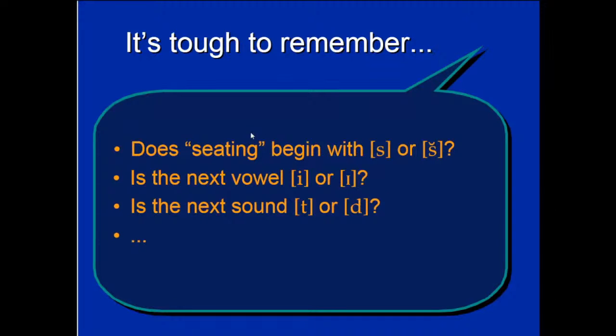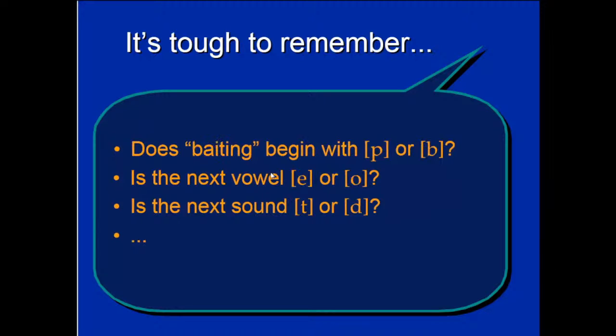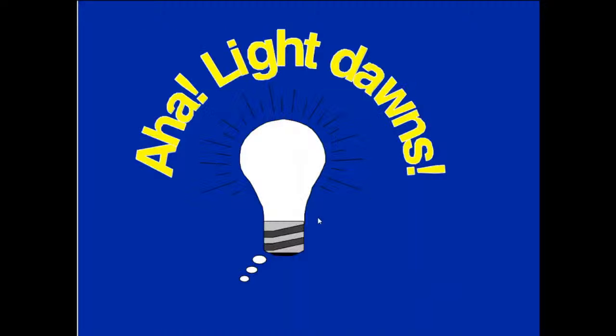For example, do you need to remember that sitting begins with s or sh? Is the next vowel e or e? Is the next sound t or d? Does baiting begin with p or b? Is the next vowel A or O? Is the next sound T or D?